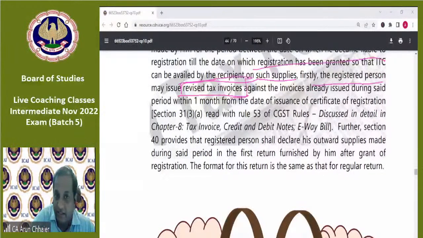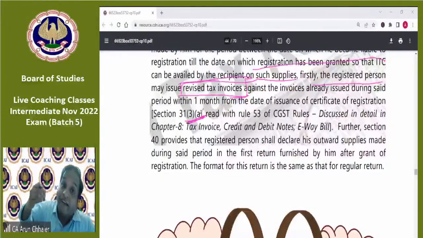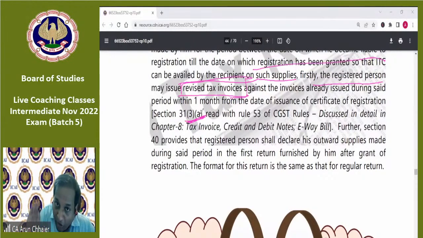We have discussed in the tax invoice chapter, section 31 subsection 3 clause A, revised invoice. Time limit is 30 days. He will issue the revised invoice, and those revised invoices having the date on or after the date of registration will be reported in the first return, that is section 40.